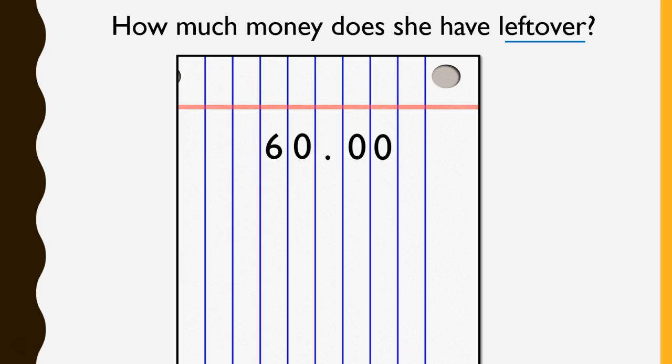And don't forget the decimal because she did not get $6,000 for her birthday. $60. And she did not spend $5,698. She spent $56.98. That decimal is very important.